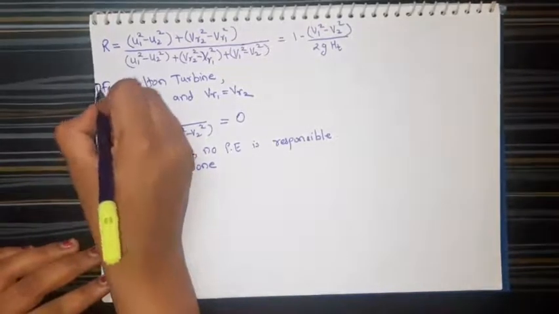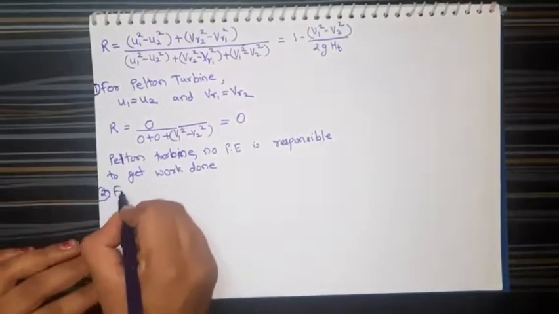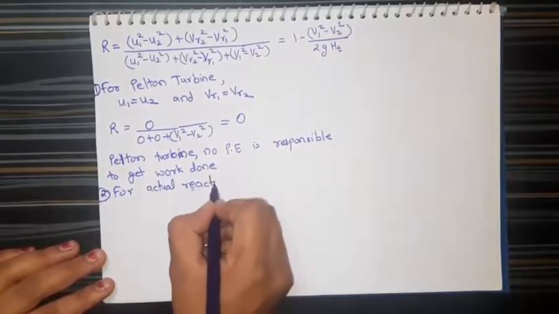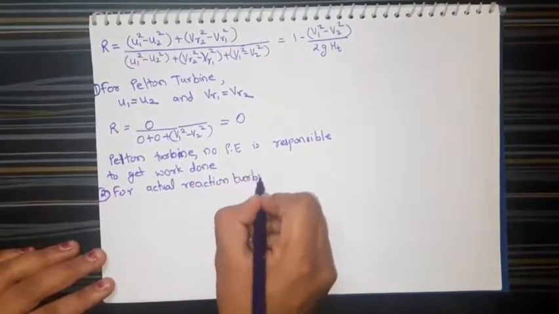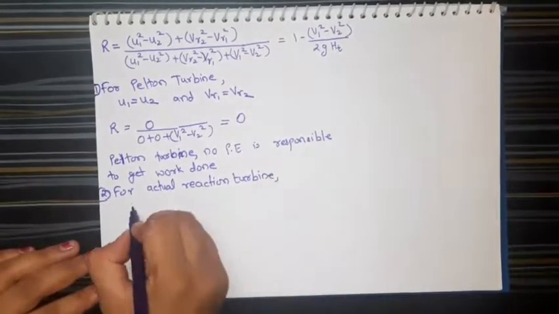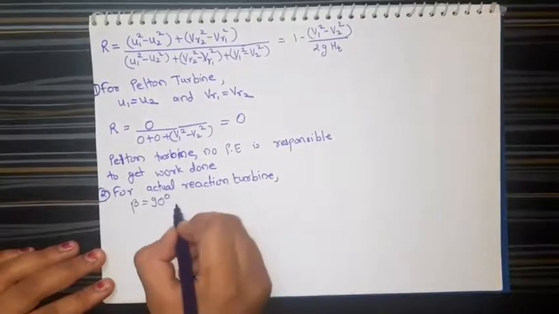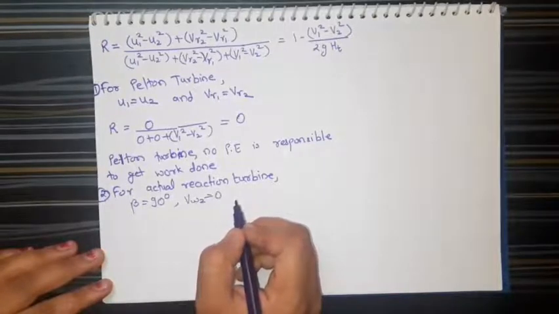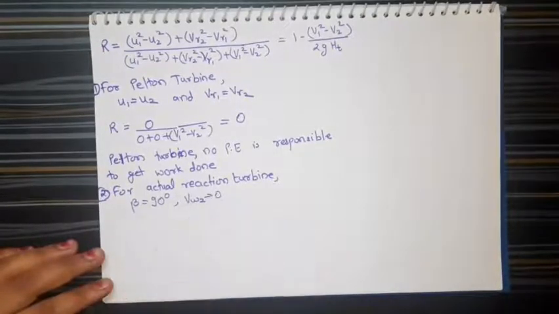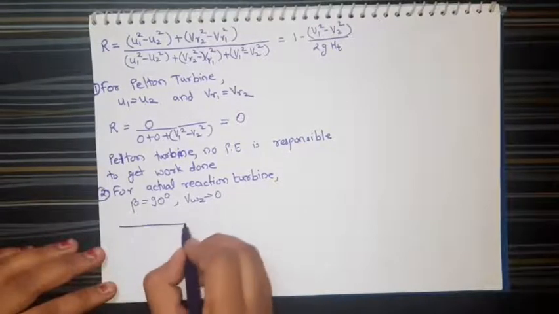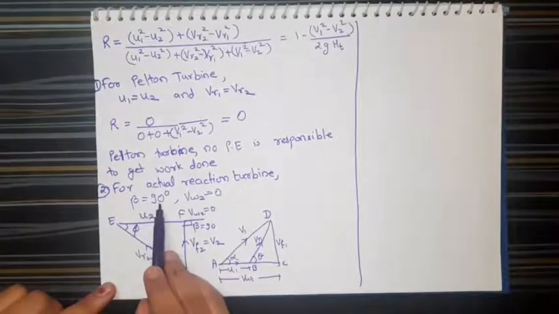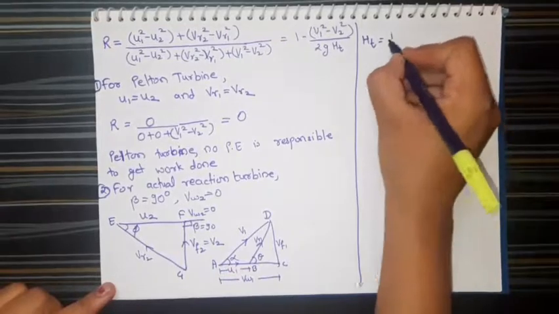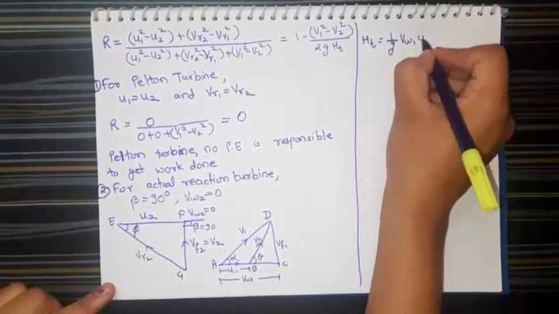Second one, for actual reaction turbine, we consider that beta is 90 degree, so VW2 will be equal to 0, and if it is like this, then our velocity triangle at the outlet will be as beta equal to 90 degree and VW2 is equal to 0, so the total energy will be equal to 1 by G VW1 U1.